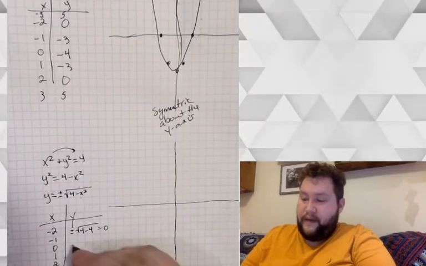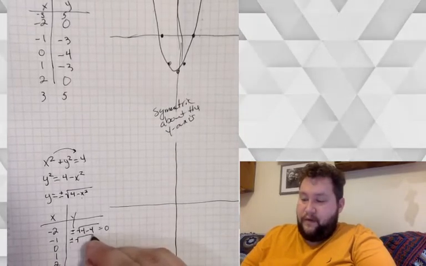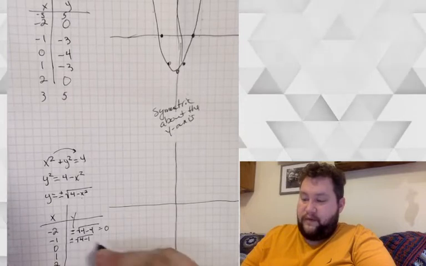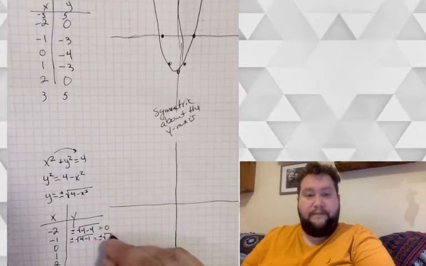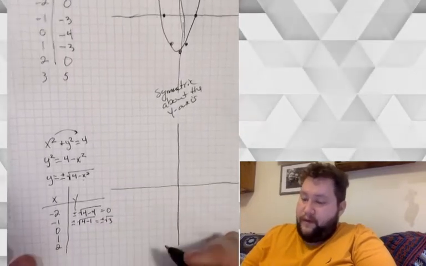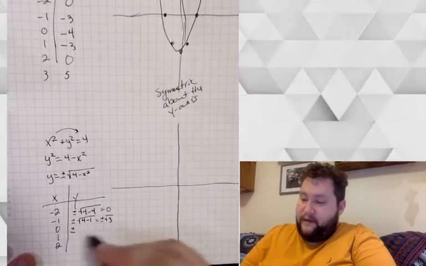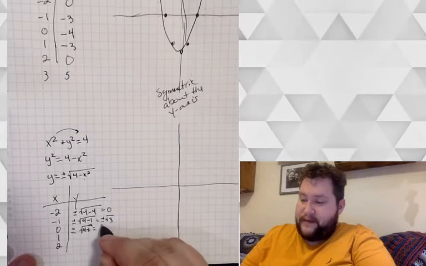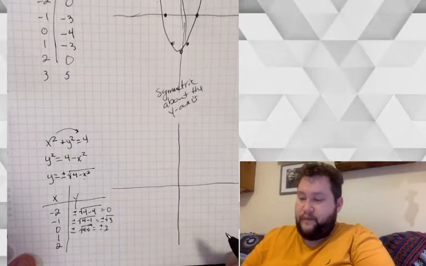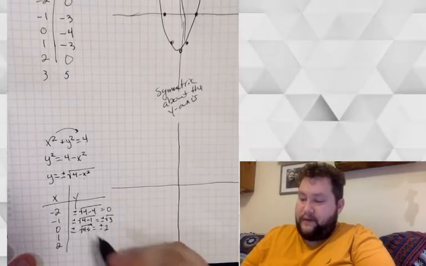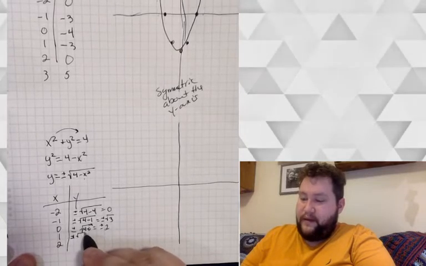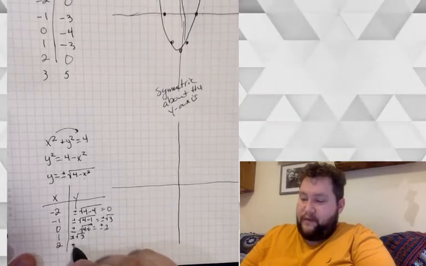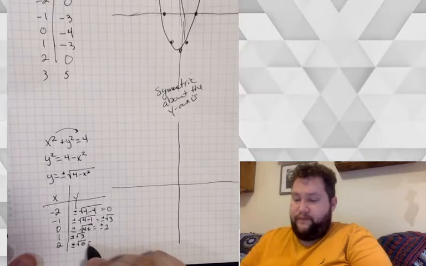For -1, we get plus or minus the square root of 4 minus 1, which is plus or minus the square root of 3. For 0, we get plus or minus the square root of 4 minus 0, which is plus or minus 2. For 1, we're going to get plus or minus the square root of 3. For 2, plus or minus the square root of 0, which is 0.